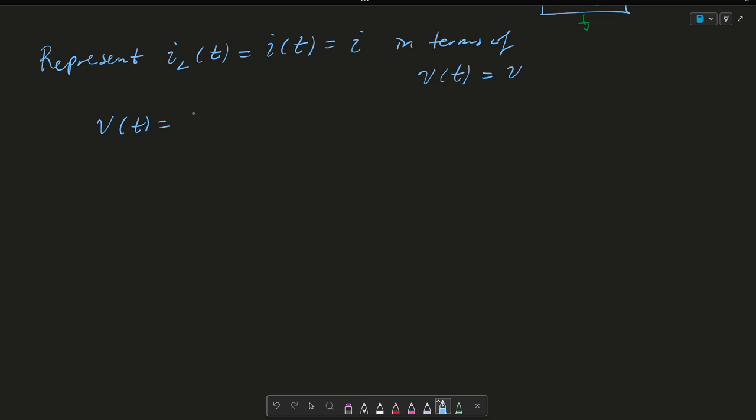V of t equals L di of t over dt. I'm going to move the L to the right-hand side, over here. So this is going to be di of t over dt equals V of t over L.